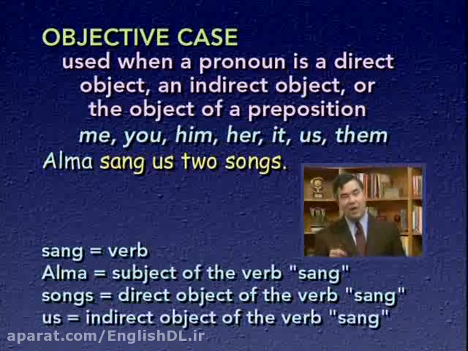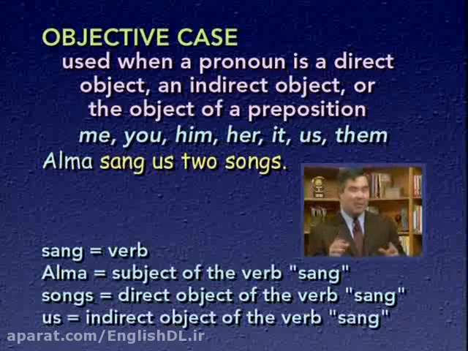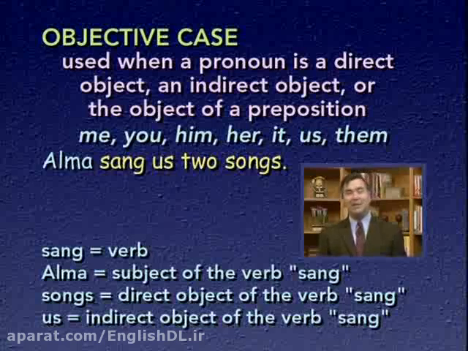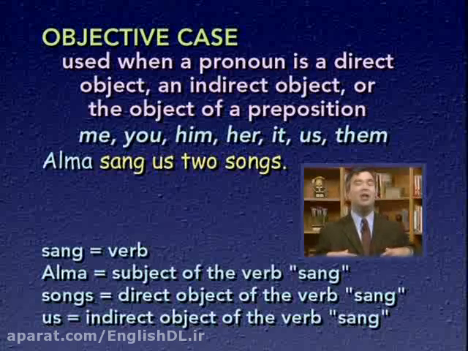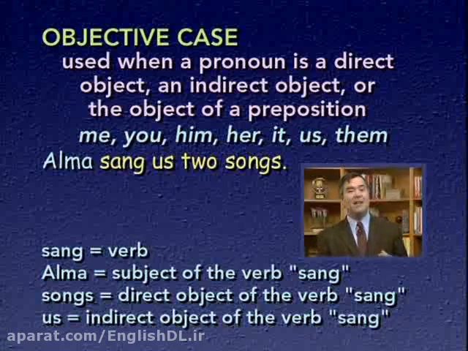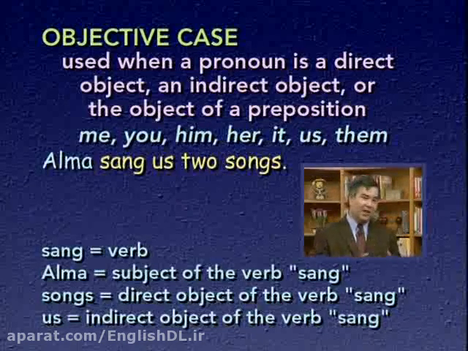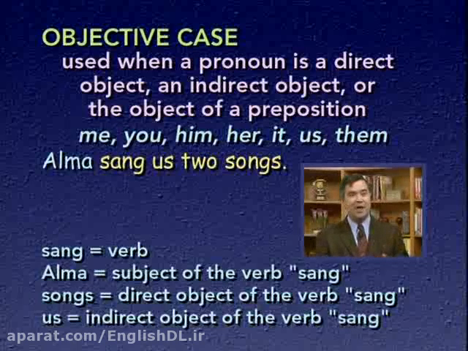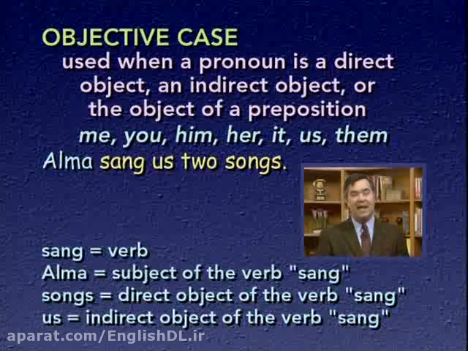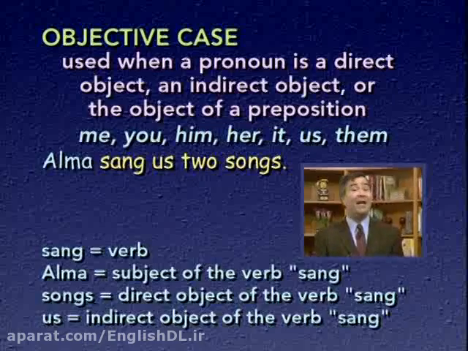It doesn't tell what Alma sang, it tells who Alma sang for. Remember, the indirect object explains the person, place, thing, or idea to whom or for whom the action is done. And in this case, Alma sang for us. Since us is being used as an indirect object, it should be in the objective case, as it is. Us is an objective case pronoun, and it's being used correctly here as the indirect object of the verb sang.